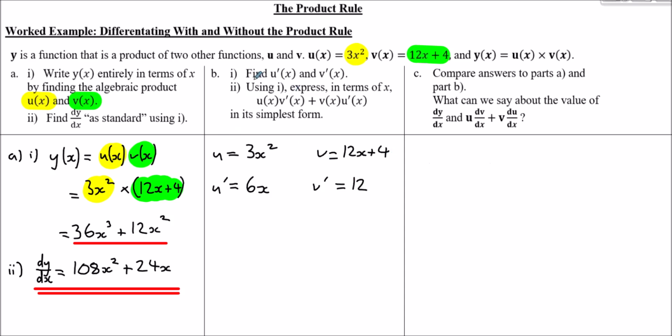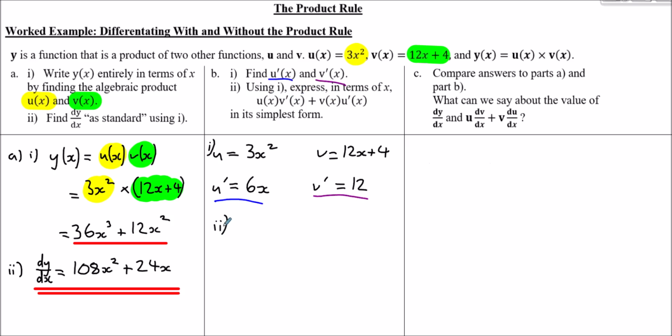So for part 1, u dashed of x is 6x, and v dashed of x is 12.